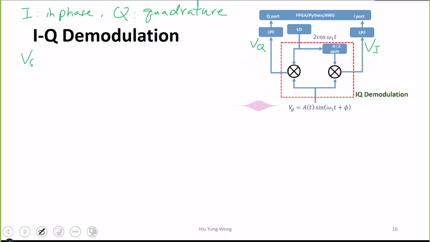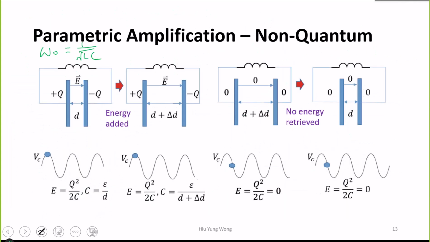This is purely math. VQ equals A, I am not going to put t, sine(omega 1t plus phi). This is the signal coming from the refrigerator, times 2 cosine omega 1t. Sine times cosine equals what? I forgot, right? So let's take a look again.